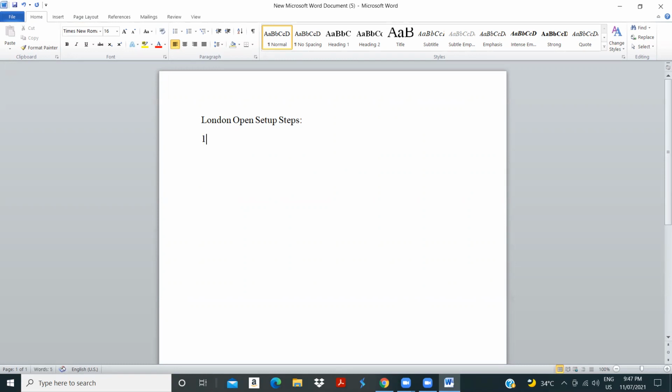First of all, step number 1: the asset which we will trade. The assets which we will trade during the London setup are GBP/USD, GBP/JPY, EUR/JPY, EUR/GBP, GBP/CHF.